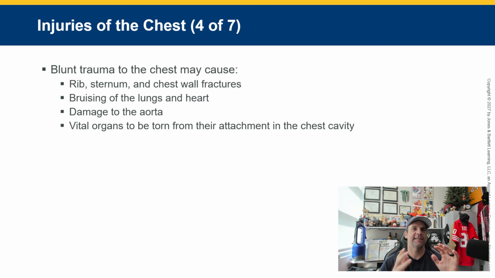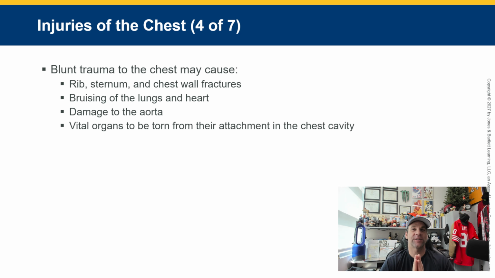Parts of the vessel are relatively mobile, while other parts are fixed to the surrounding structures. So when the body suddenly stops, those sections may move at different rates, and that creates a shearing force at the point of attachment. A major tear can be catastrophic for the patient and cause severe internal bleeding.